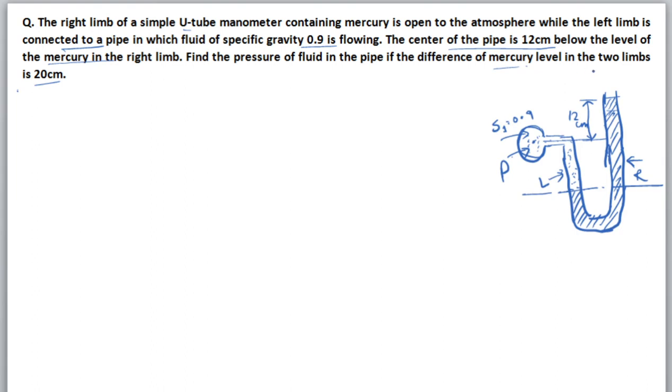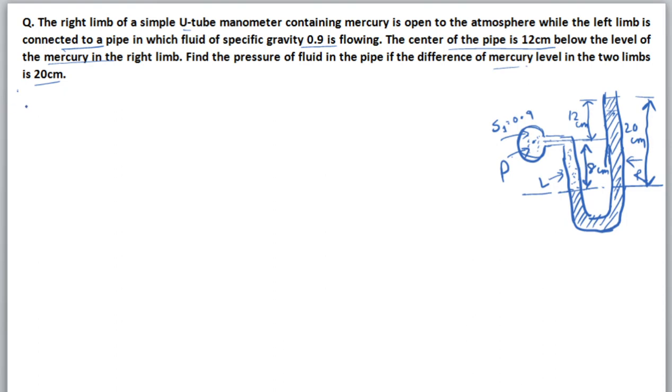The difference between the mercury level in the two limbs is 20 centimeter. This distance is 20 centimeter. So what about this distance? This distance is 8 centimeters, obviously.